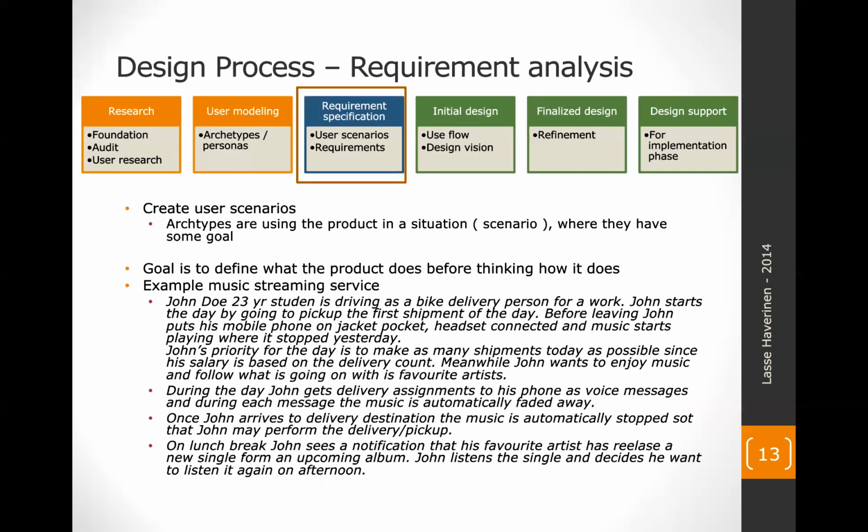You do not document yet how it is done. So you don't document that there must be a button here which the user clicks and then he goes there and sees this and that. Not like that. But you just decide that these kind of functionalities are required of our application.